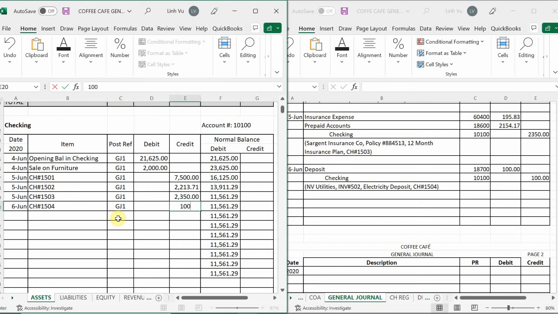So how much money should I have in my bank account now? 11,461.29.